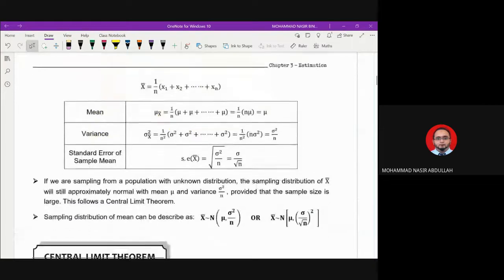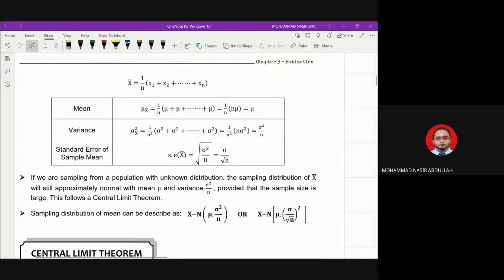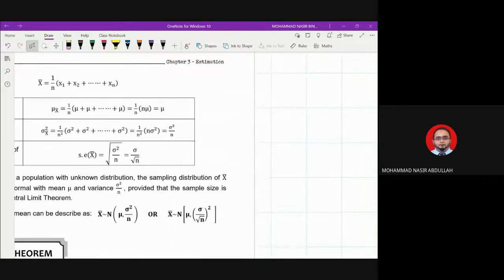So now, when we talk about a normal distribution, right? So I belum introduce dekat you a normal distribution, tapi I dah banyak cakap berkenaan dengan normal distribution. Normal distribution is a bell-shaped distribution, right? It's a bell-shaped curve lah. Maksudnya, it's a symmetrical distribution.